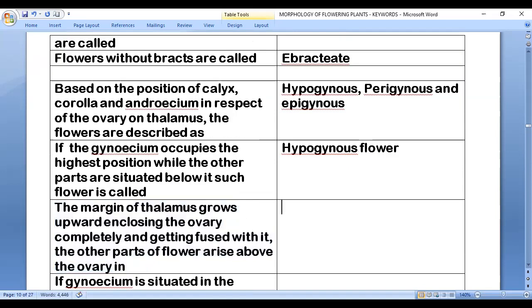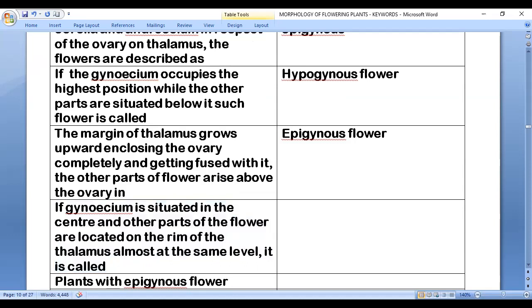The margin of thalamus grows upward, enclosing the ovary completely and getting fused with it; the other parts of the flower arise above the ovary in epigynous flower. If the gynoecium is situated in the center and other parts of the flower are located on the rim of the thalamus, almost at the same level, it is called perigynous flower.